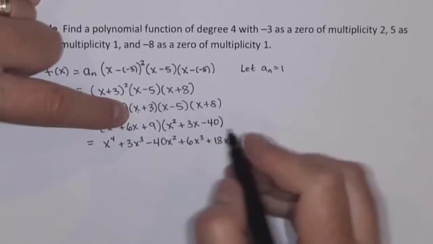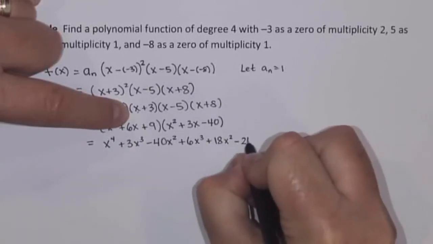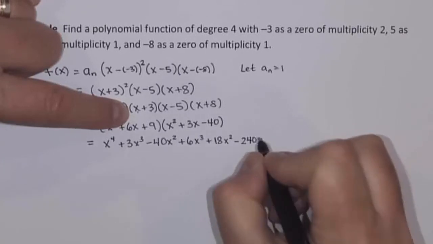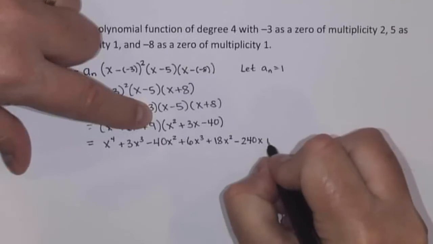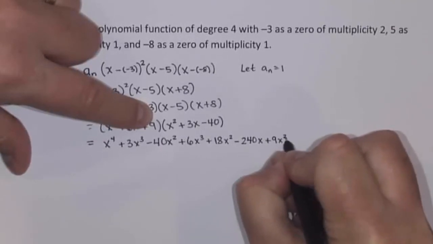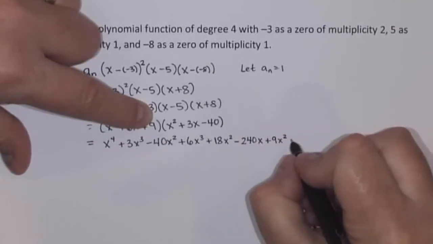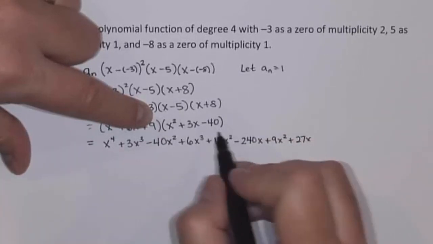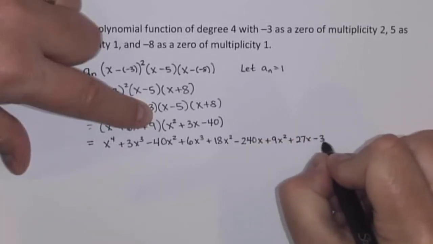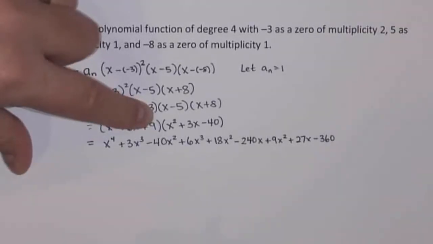And 6x times minus 40 is minus 240x. 9 times x squared is 9x squared. 9 times 3x is 27x. And 9 times minus 40 is minus 360.